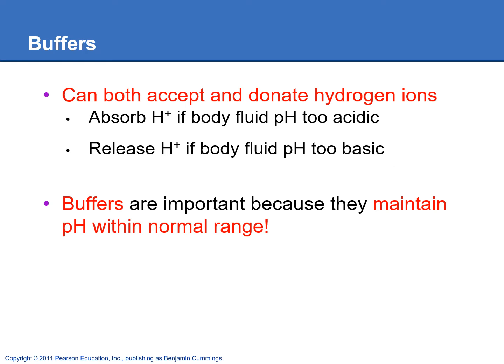Okay, buffers are really important in the body. We're going to be talking about some buffer systems later on as well. I like to think of buffers as sponges. So they're there to soak up extra hydrogen ions if you have too many, or if you don't have enough, you can squeeze the buffer sponge and release the hydrogen ions.